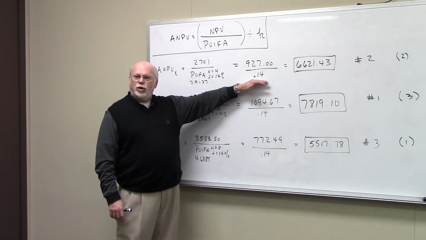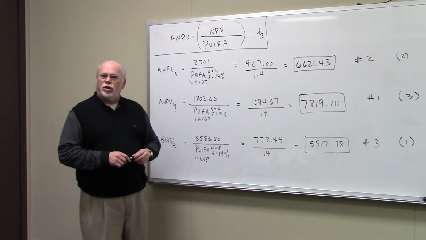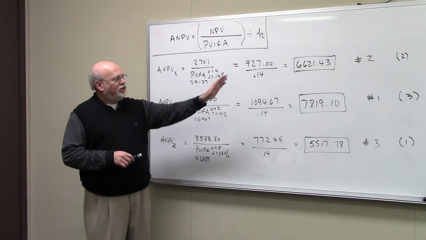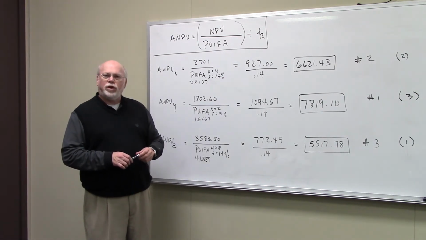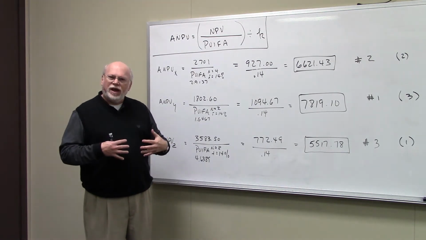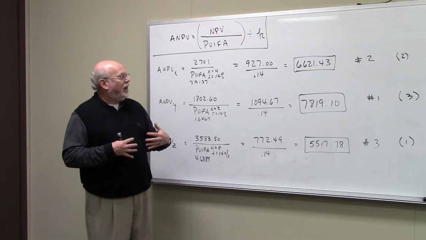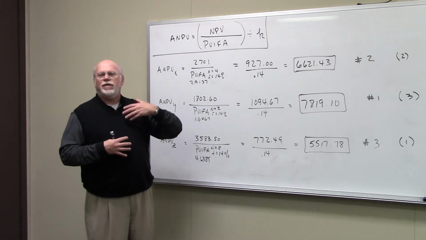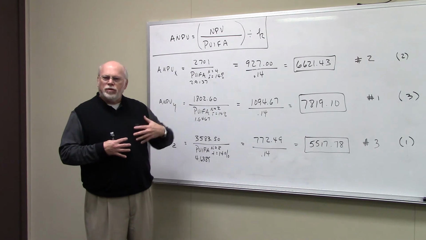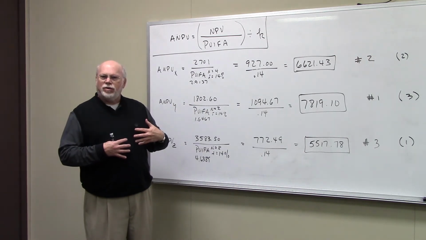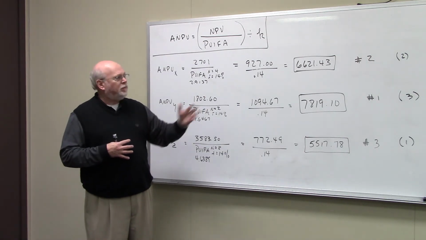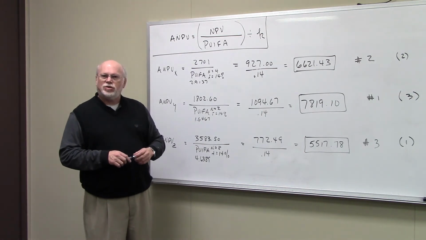To value that perpetuity, you divide by your required return, which is 14%, and you get $6,621.43. So 6621 is the present value of that perpetuity. That is, adding 927 to the value of the firm every year forever, the value today is 6621.